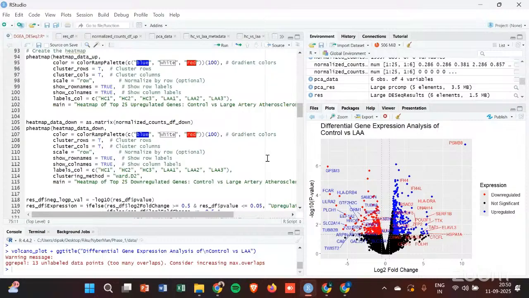There are several ways to draw heat maps. Pheatmap is the most common one that I have seen being used for RNA-seq data. Even I use pheatmap, and you have so much control. You have control over whether you want to cluster the rows, whether you want to cluster the columns. This is with respect to the clustering method, and there are other parameters as well.